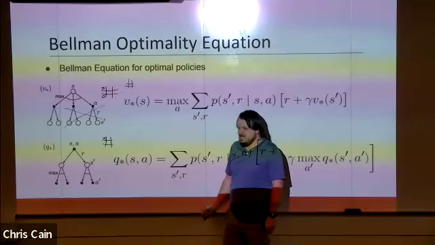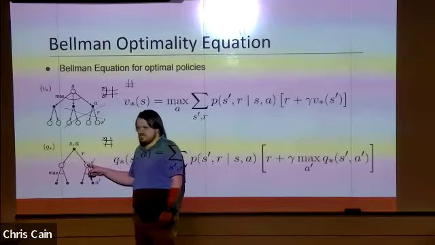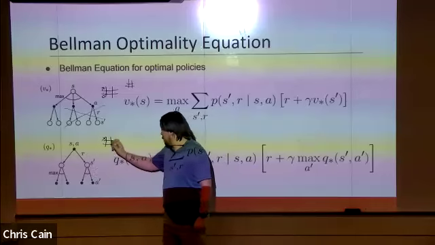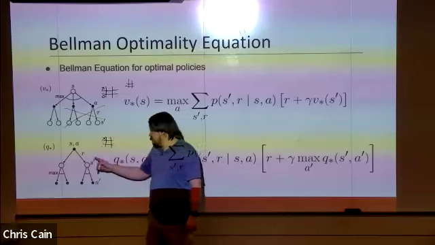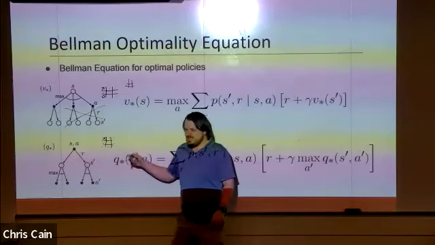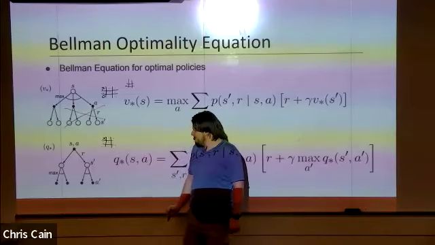What is the value of being here at this decision point? We know that the opponent can put us in any one of these S primes. So the opponent could still move here, or here. So we need to consider the reward of every possible place the user could put us, but we've already locked in that we're making this move.